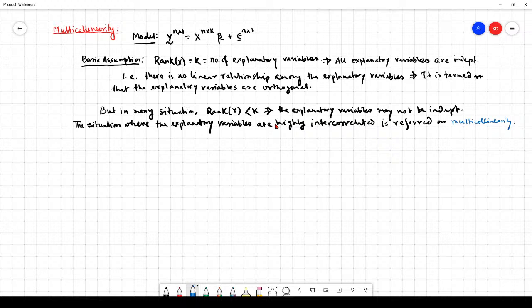So the sources of multicollinearity are the following. One, method of data collection.